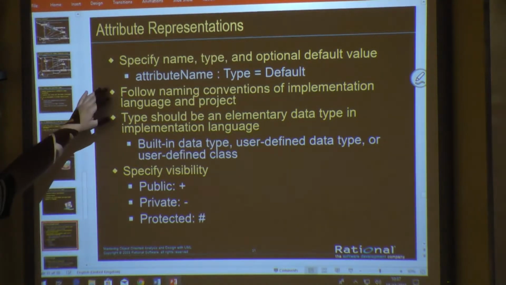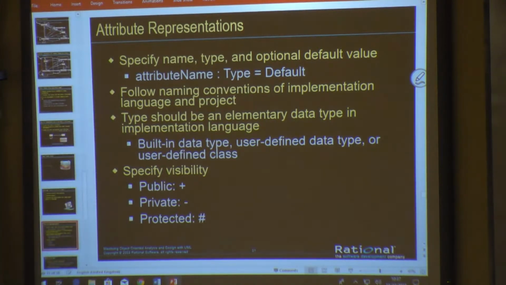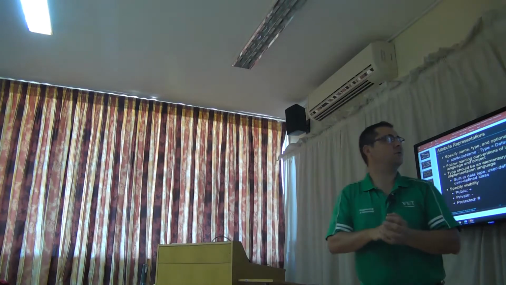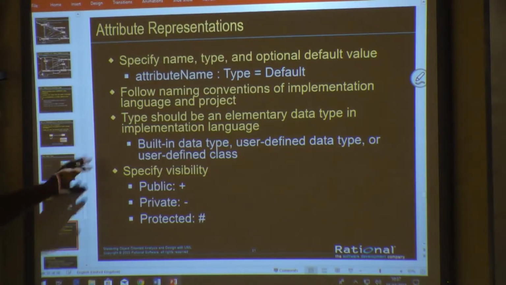Then we can follow a naming convention of our implementation language or the actual stated project, where you might use camel case to name your attributes. Then the type should be an elementary data type based on the implementation language.